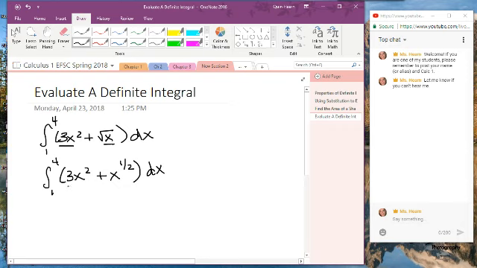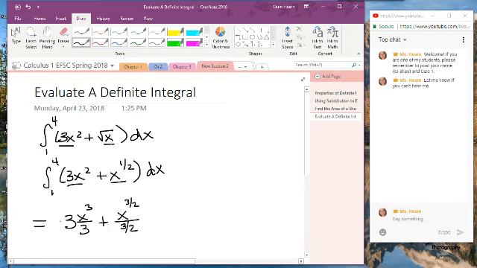Okay, now each of these terms, we can apply the power rule. When there's a coefficient in front, we can just leave it the same. So we're going to have 3, and then adding 1 to the exponent and dividing, we get x cubed over 3 plus, for x to the 1/2 power, we're going to add 1 to it and get 3/2. So x to the 3/2. But when you divide, it's going to flip that over.